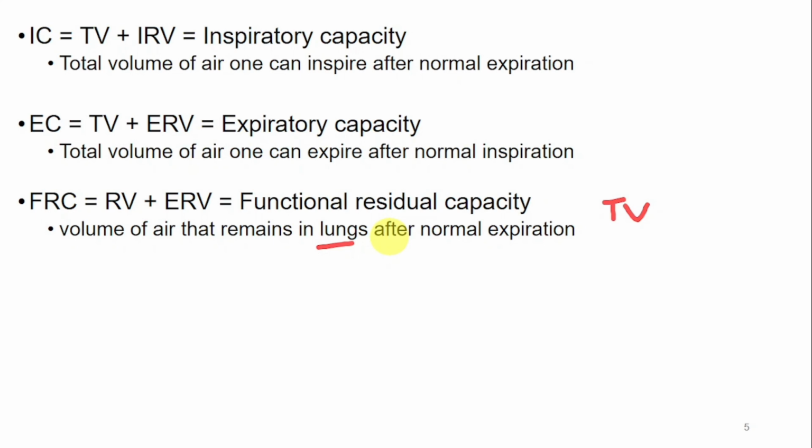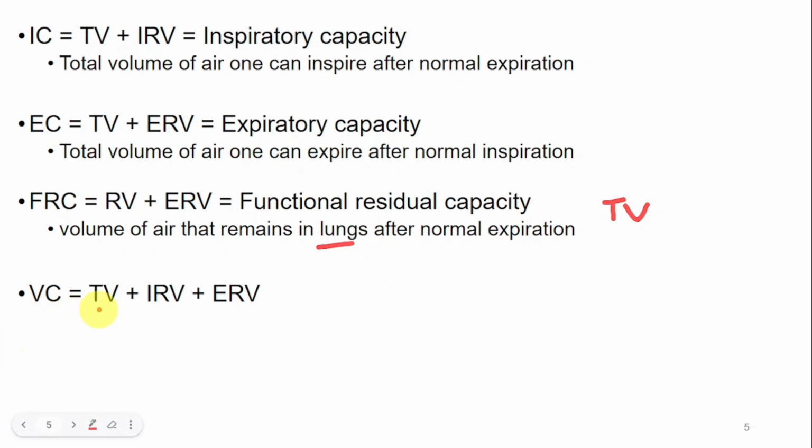It is impossible to empty your lungs unless you are trained to do it. Okay. So the background behind it is the FRC, the volume of air that remains in your lungs after normal expiration.